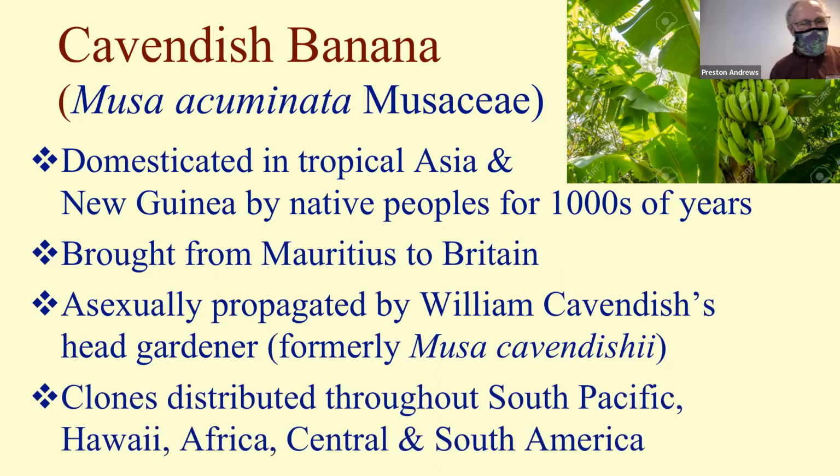The clones that were produced by Cavendish and the gardener, and also at Kew, were distributed throughout the South Pacific, Hawaii, Africa, Central and South America. You know, bananas grow in South America and Central America, but they're not native, not the Cavendish.